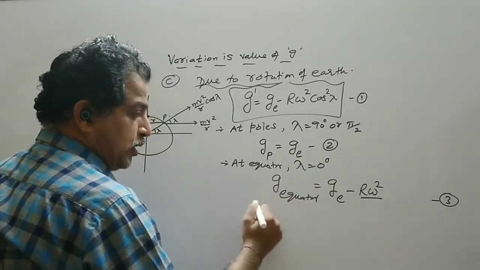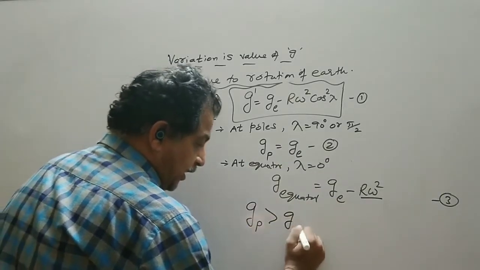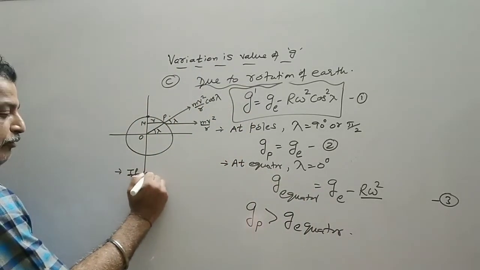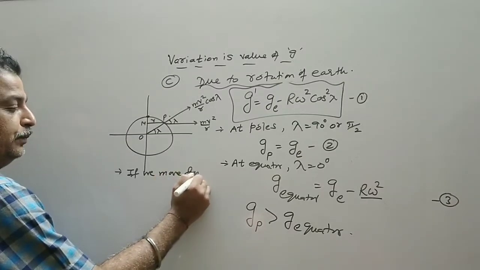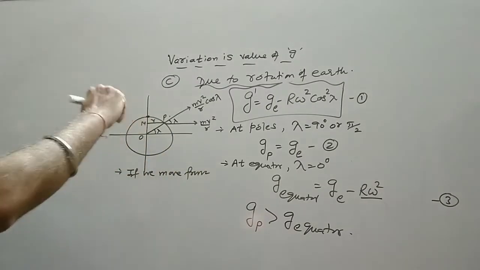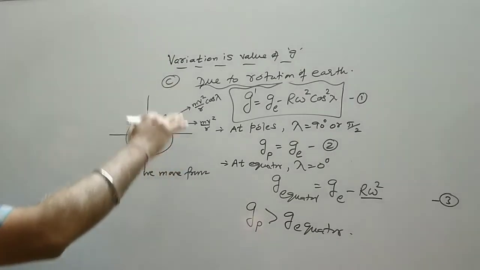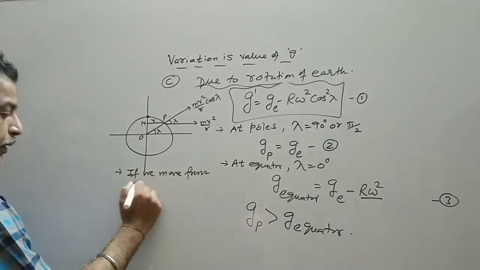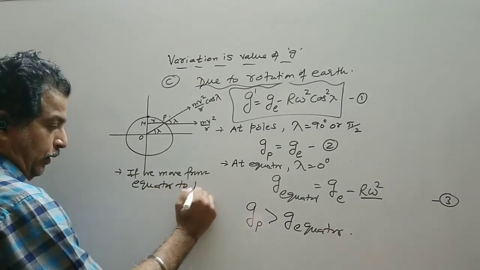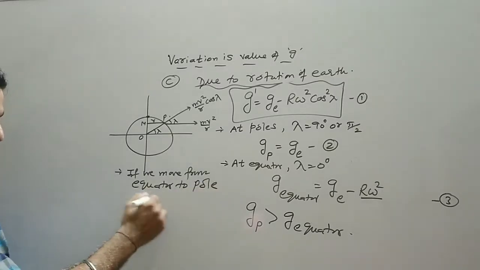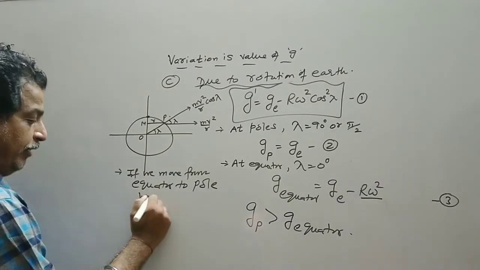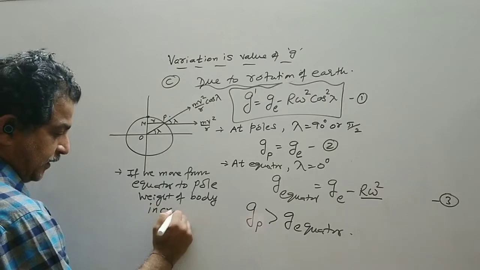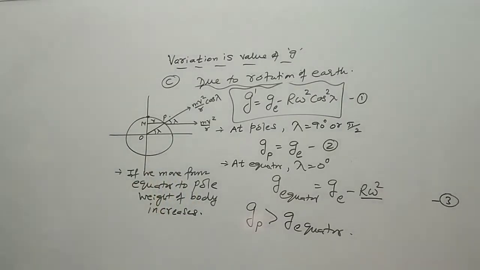So here clearly from equation 2 and 3, g_p is greater than g equator. If we move from pole to the equator, the force or the weight will decrease. And if we move opposite, from equator to pole, the weight of the body increases.